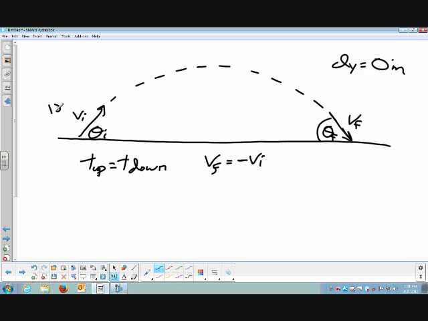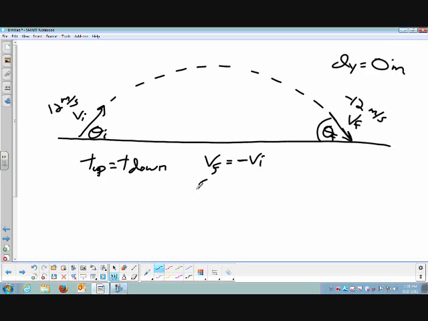So if this is 12 meters per second, this is going to be negative 12 meters per second per se. I know a lot of times people don't like putting negative signs on vectors because that's the magnitude. I'm just kind of doing that to illustrate a point here.